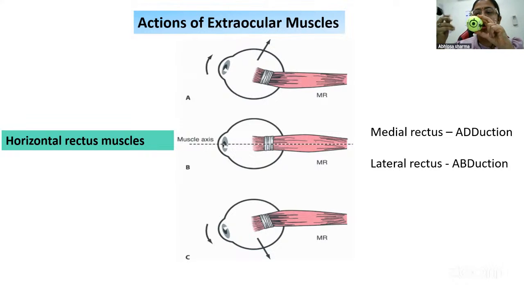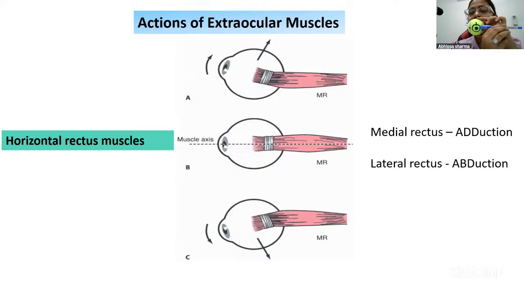So how the muscle is attaching here, this is the lateral rectus on the temporal side, and this is the medial rectus on the medial side. When the muscle contracts, you have to remember it contracts from its insertion towards its origin.